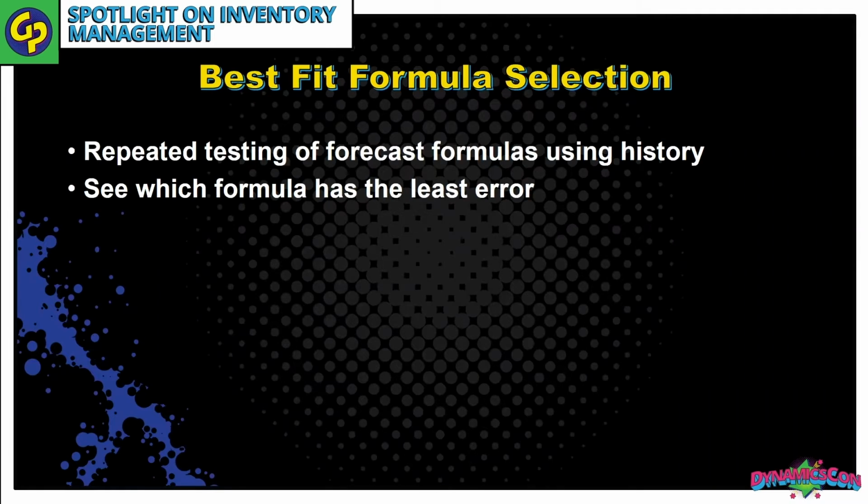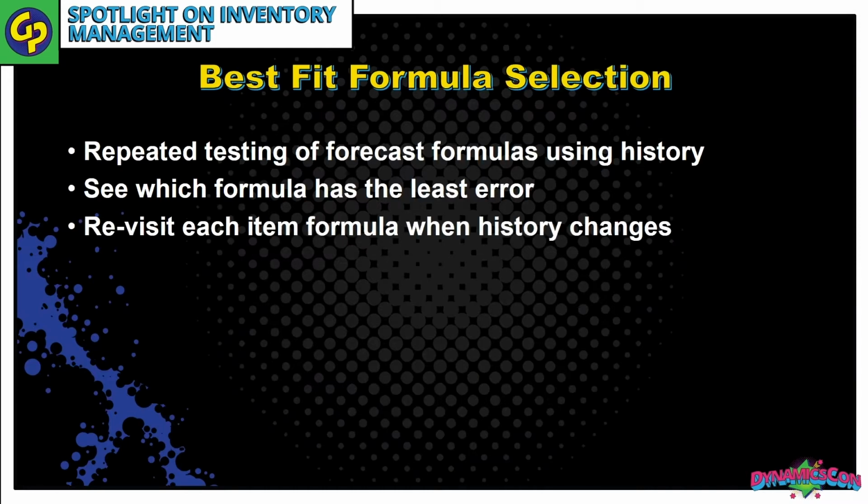And we want to make sure that as history changes, we continually go back and say, let's revisit and make sure that we shouldn't use a different formula now that history has changed. So that's a constant reassessing, a constant relook to make sure we've got the best forecast.